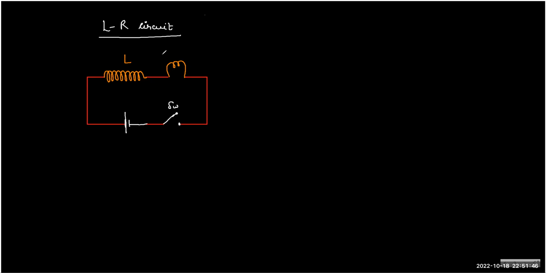So the bulb is like a resistor. Now, in the absence of this inductor, we can say that the inertia of the circuit is almost negligible. It is just like a massless object, not exactly zero mass, but almost negligible mass.